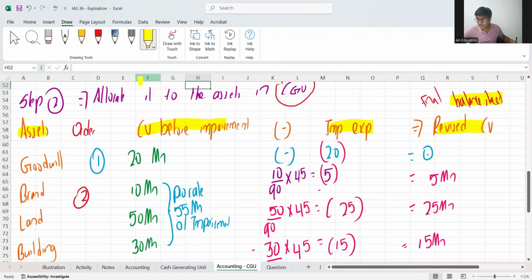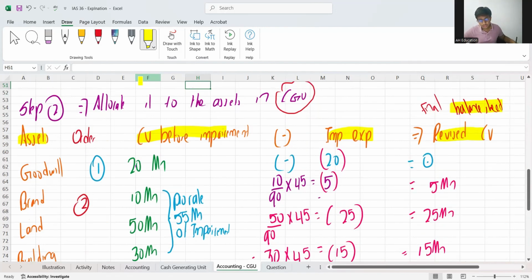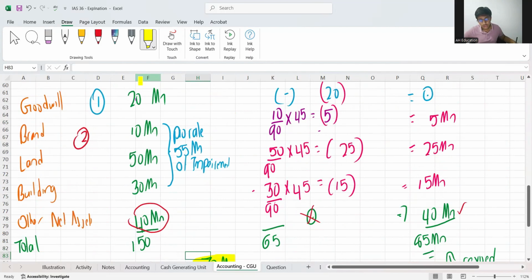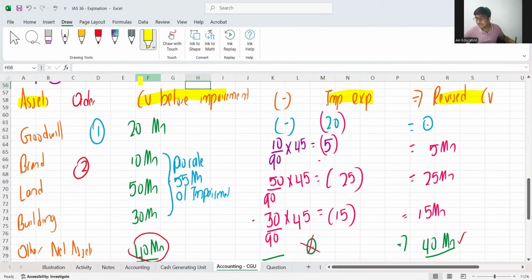So what I did was mention all the figures here. Look at this: 20, 10, 50, and 30. Out of the 65 remaining impairment expense, I will first allocate it towards my purchased goodwill.